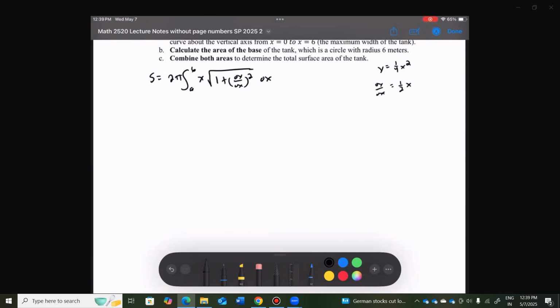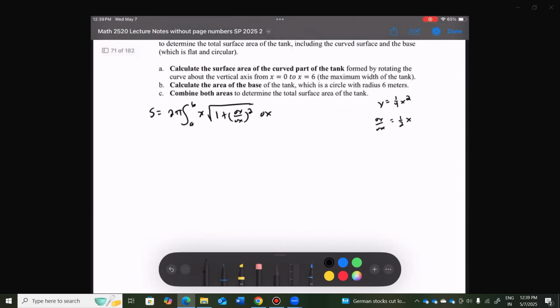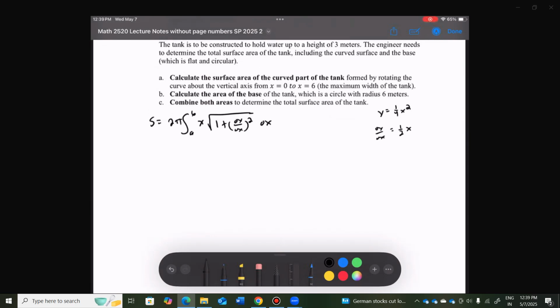So we are rotating this curve from 0 to 6. So we'll have 2 pi, 0 to 6, x, and we'll have the square root of 1 plus 1/4 x squared, dx.